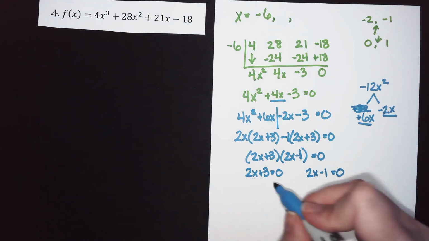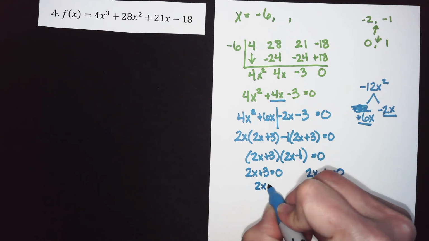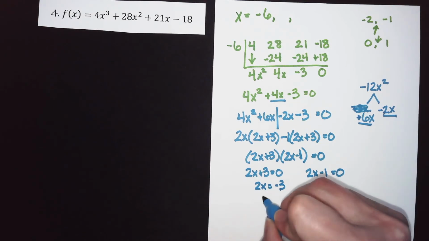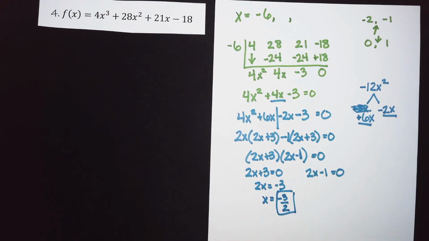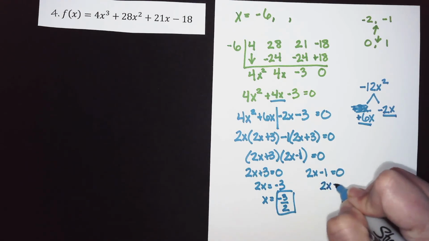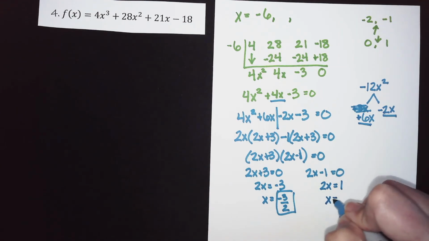And we solve. So for this left one, I'm going to subtract 3 from both sides. Then to get x by itself, I divide by 2. So you get -3/2. On the one on the right, I add 1, and then I divide by 2 on both sides.